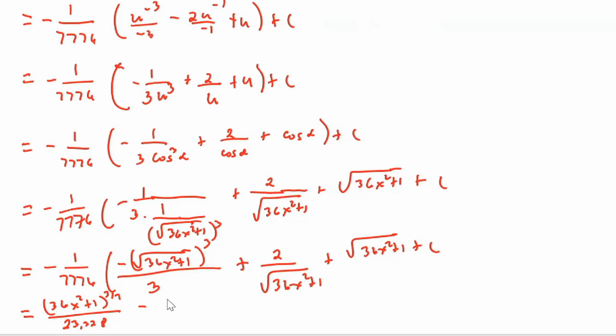So we have negative 1 over 3,888 times the square root of 36x squared plus 1. And then negative times positive, so we have now the negative of square root of 36x squared plus 1 all over 7,776 plus a constant.